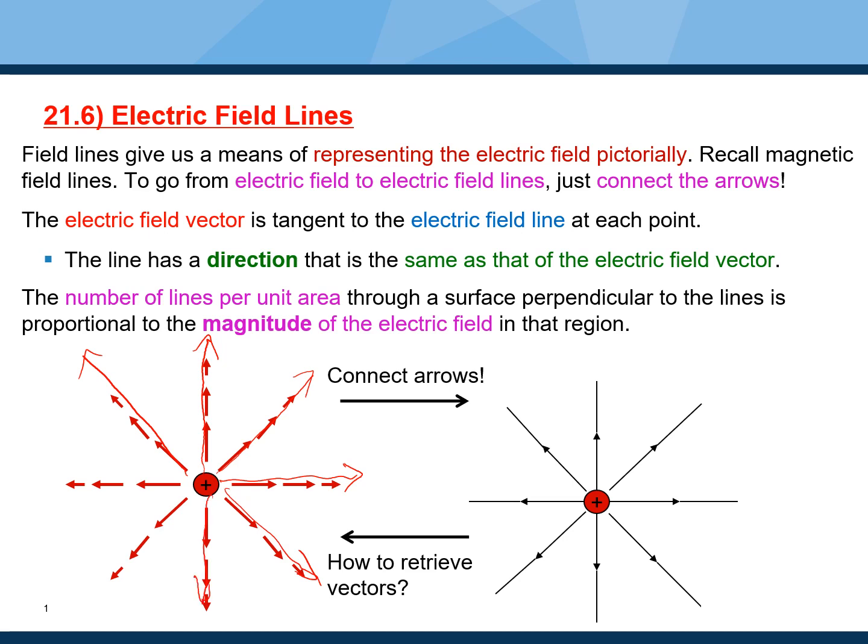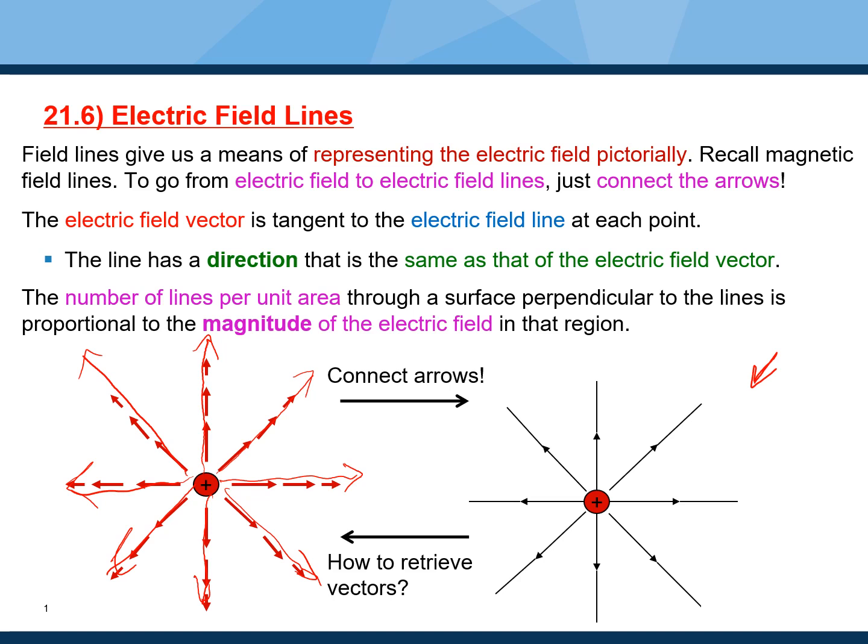You can then ask, what depiction did you get from this process? The answer is that you get a picture that looks very much like the picture on the right. So connecting the arrows together gives us a representation of the electric field lines.